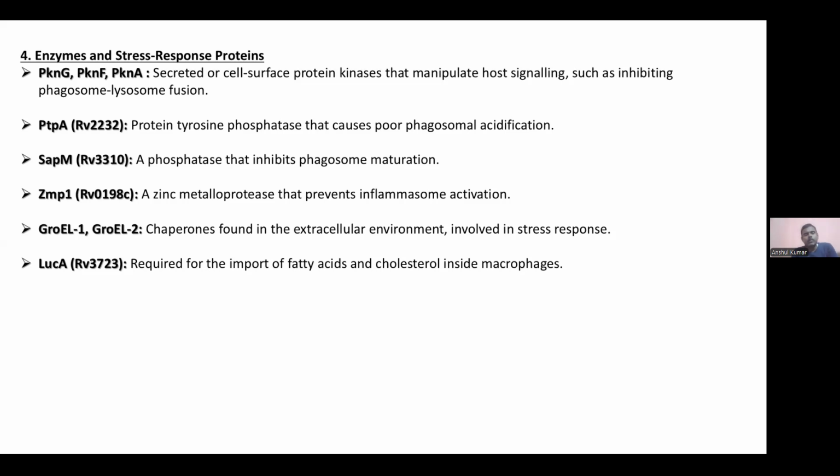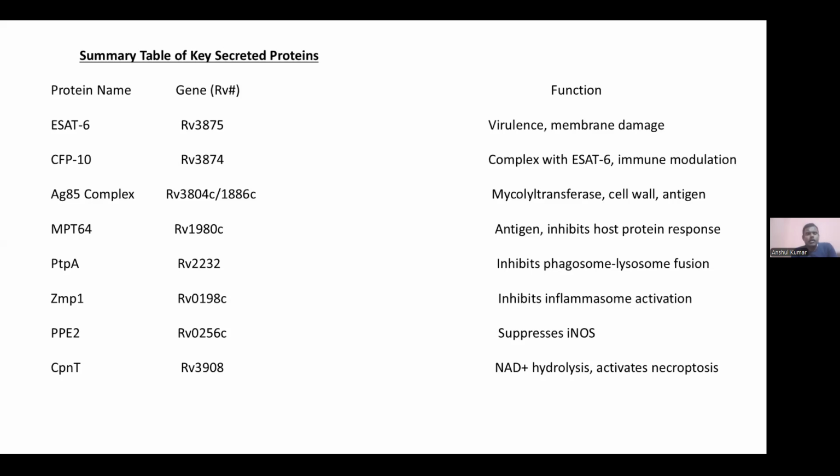So these are some of the important proteins and enzymes which are secreted by the genome of Mycobacterium tuberculosis H37Rv. Now, if we summarize it in tabular form, the ESAT6 protein is secreted by the gene RV3875, and it is responsible for virulence and membrane damage of the host.